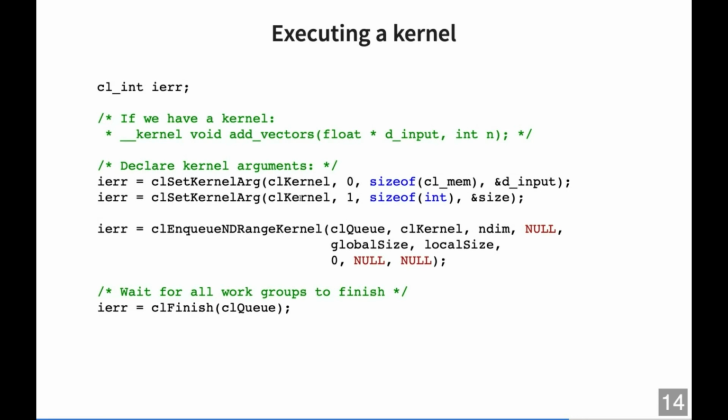Second argument to this kernel, so argument position 1, is sizeof int, and that perhaps for consistency should be address of n, if n is the appropriate variable in that call.